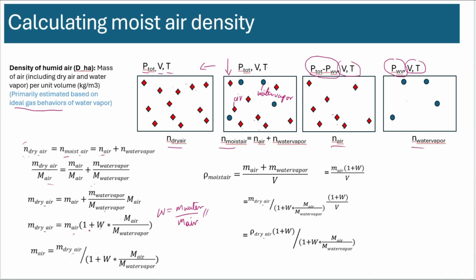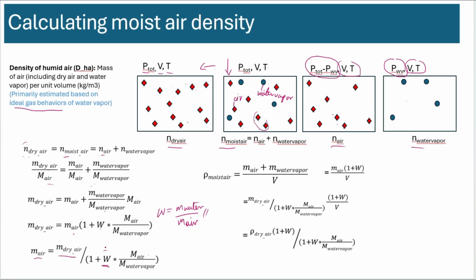Which can be further rewritten in terms of mass of air related to the mass of dry air. So we're basically relating the mass of air to the total mass of dry air here, based on the knowledge we have about the humidity ratio and also the molecular weights of air and water vapor.